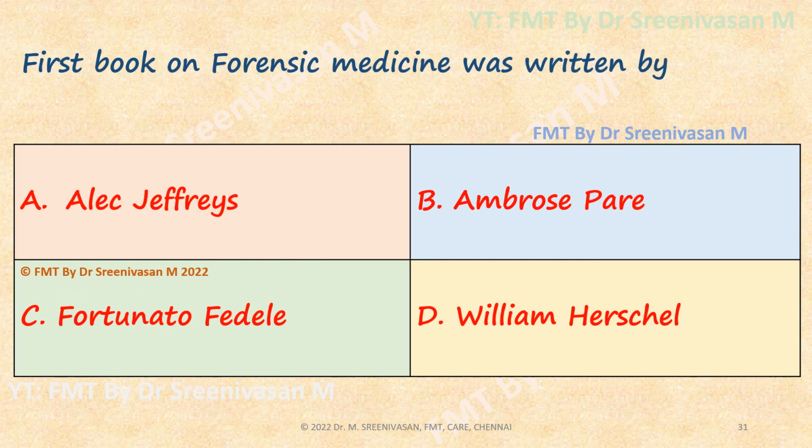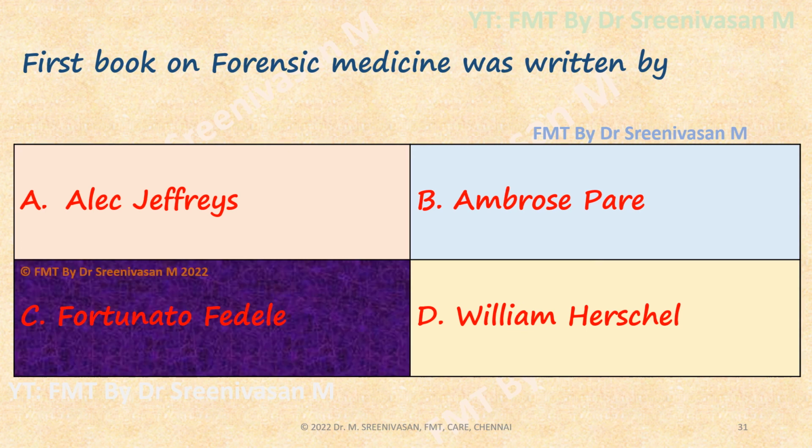First book on forensic medicine was written by Fortunato Fedele. Fortunato Fedele is the first book on forensic medicine. Whereas Ambroise Paré is considered the father of modern forensic pathology.